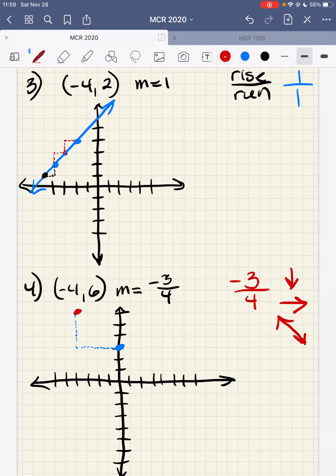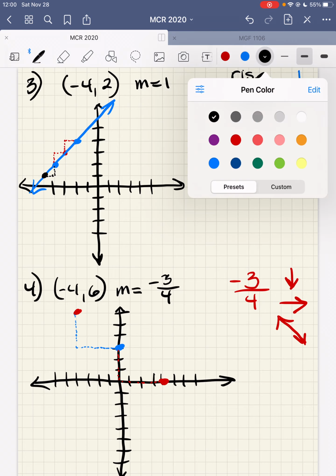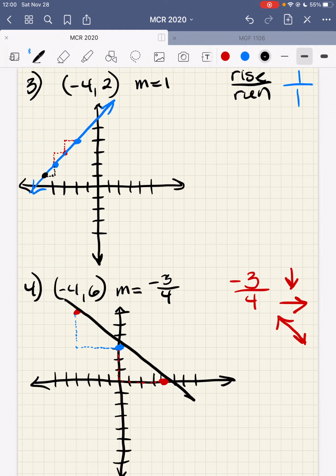If I wanted to, I could do the same thing again: go down 3, to the right 4, and I should still have the same line. Not too bad for a hand graph. My slope is going down from left to right, and that's definitely what I'm looking for here. I want to make sure that occurs.